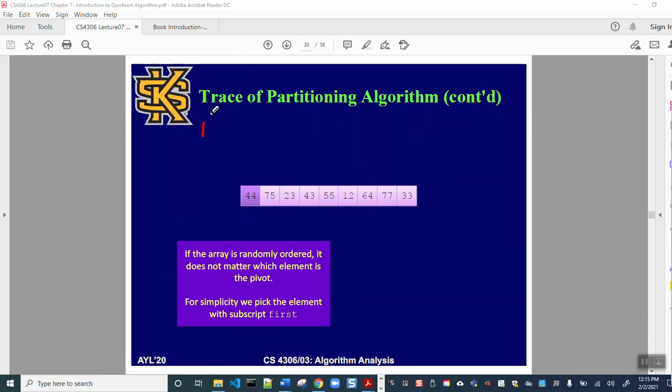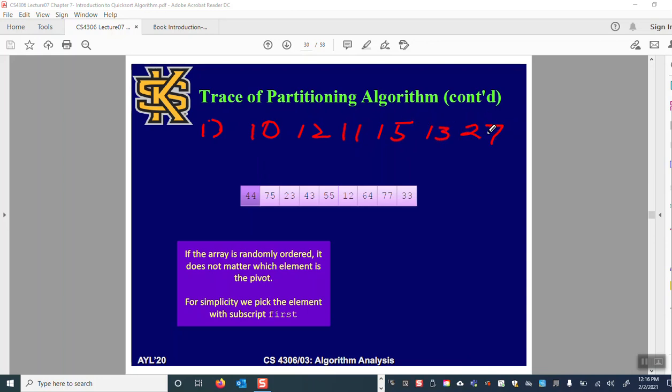Case number one: if I have a list, for instance, with elements 10, 12, 11, 15, 13, 27.